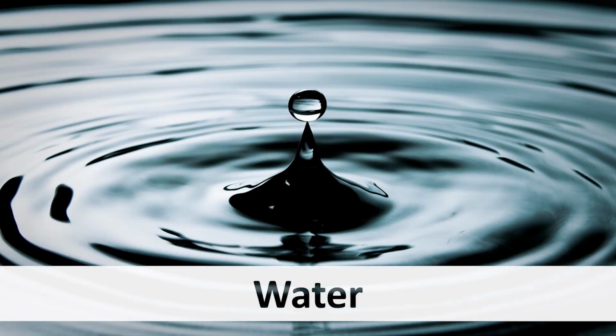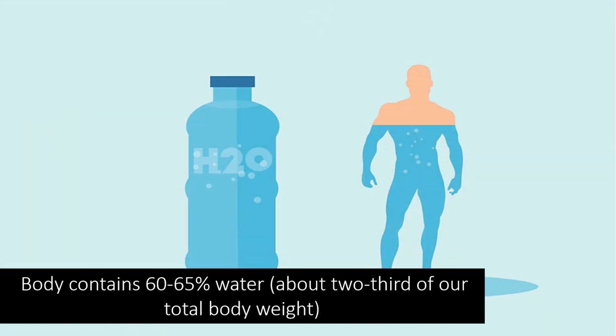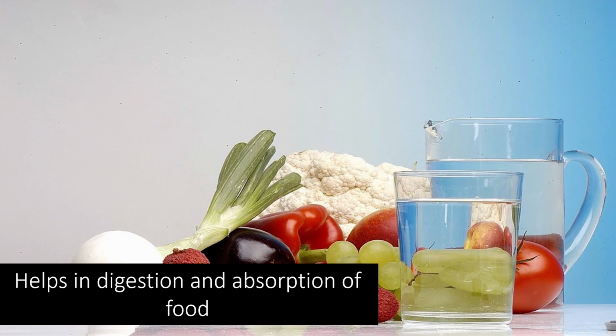The other macronutrient which is most important is water. You know that the body contains about 60% of the body weight as water. And this water has other major functions. It helps in digestion, absorption of food, as you will see subsequently in your other lectures.